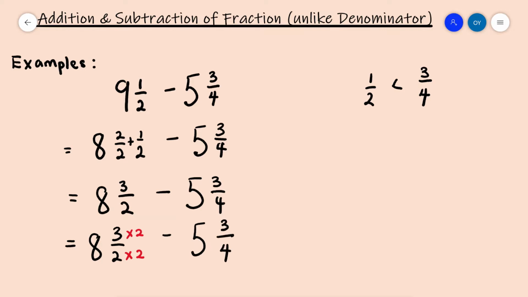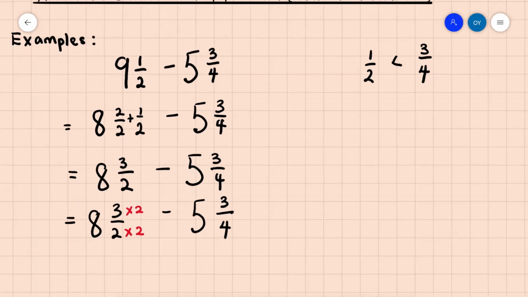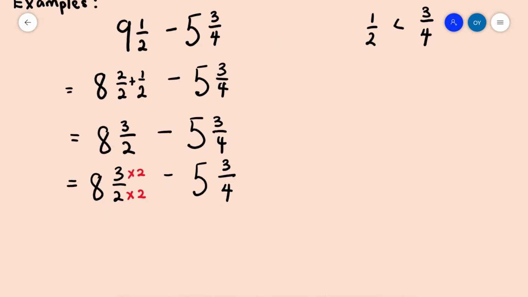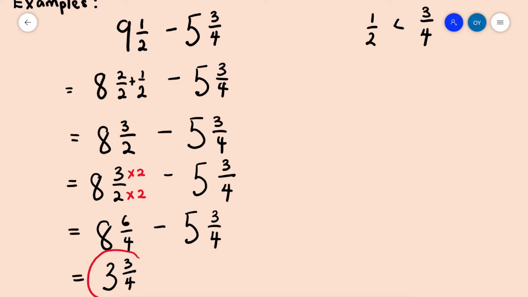So now we have 8, 6 over 4 minus 5, 3 over 4. And so now we can subtract, that is 3 over 4. And so that would be our final answer.